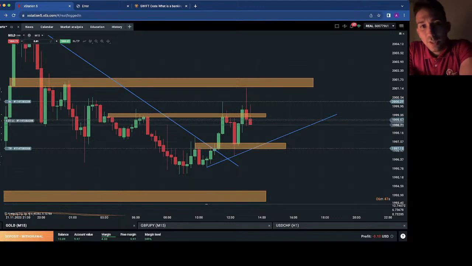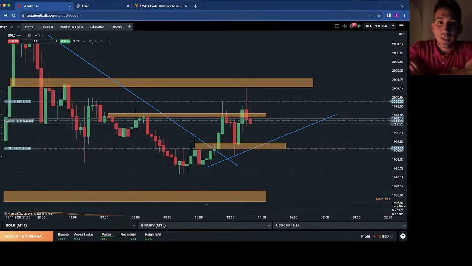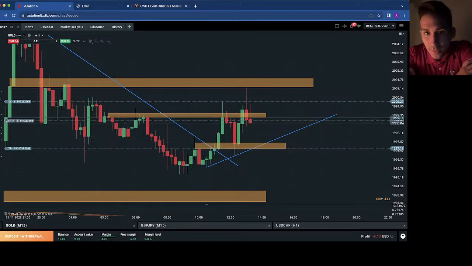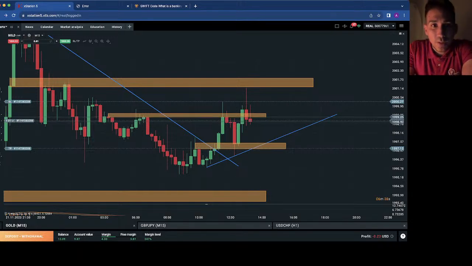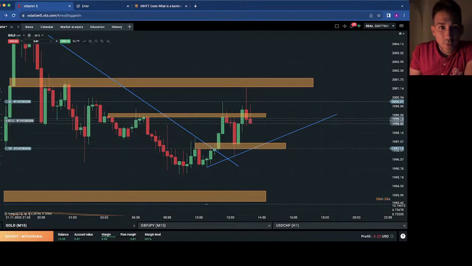Okay guys, we are in the trade, and as you can see, this new formation is getting into the zone again, like this ranging zone that we've been trading. I was talking about here.